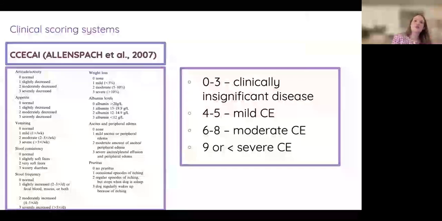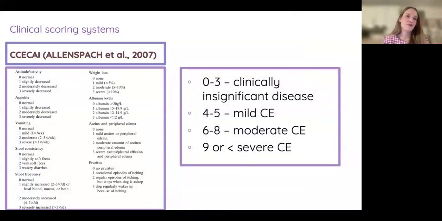So when it comes to clinical scoring systems, this is something that is really useful to have alongside the follow-up of your patient, because it gives you quite clear information about the improvement of the clinical signs. It's also really useful for the owners because they can do it by themselves, so you can explain how, especially for the things that they can evaluate by themselves.